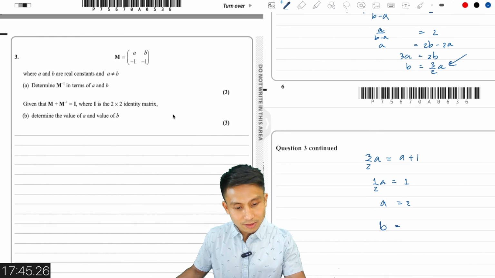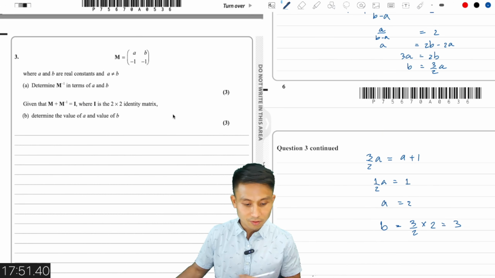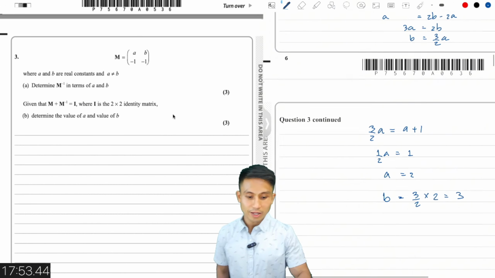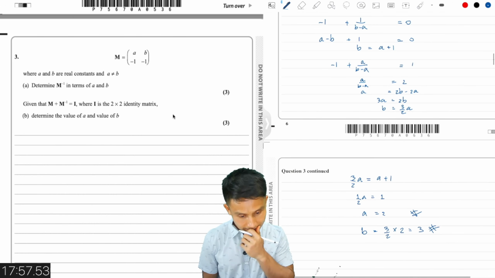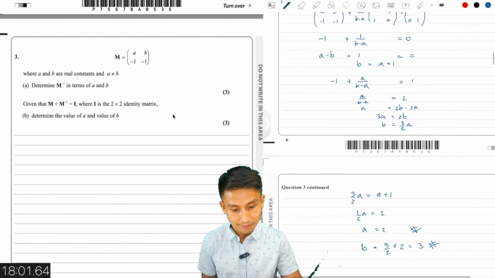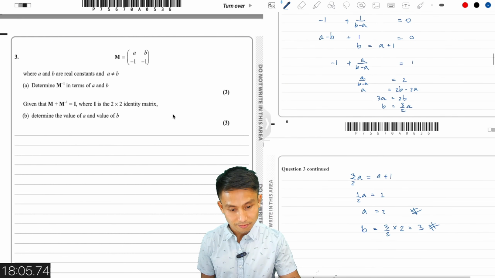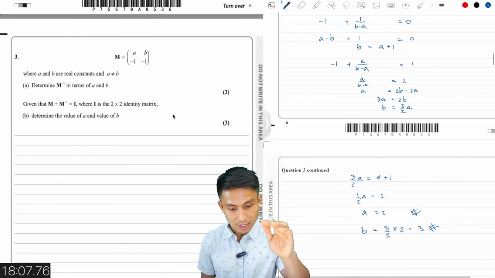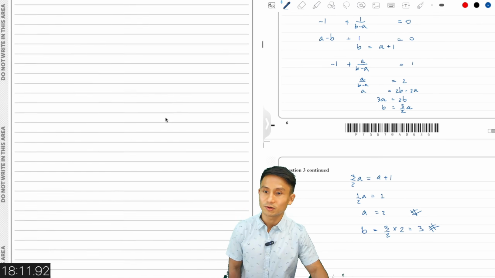Sub that back into the definition of b, so I get 3 over 2 times a, which is then 3. So a equals 2, b equals 3. That makes sense, at least to the set of equations I have here. Let me double check that. Yep, everything works. Okay, that's it for number 3.